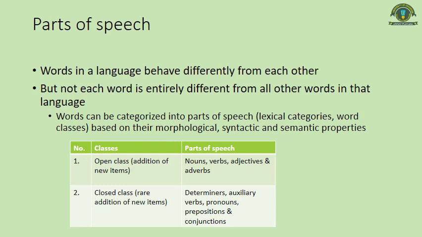As you see in the diagram, in the table, there are 2 classes we have discussed in detail under the lesson of morphology, that there are 2 classes of words or morphemes, open class and closed class.